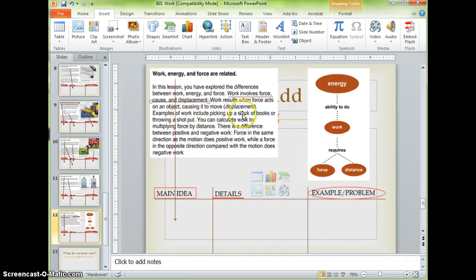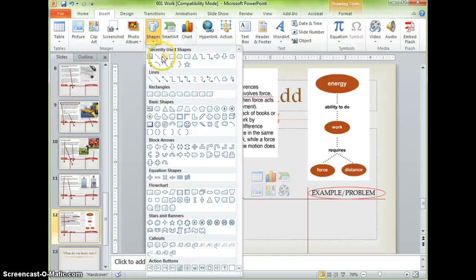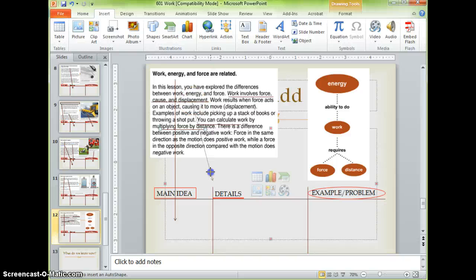Examples include picking up stacks of books, throwing a shot put. You can calculate work. Here's another detail. You can calculate work by multiplying force times distance. Okay? You can calculate work. Those are details that you can put down here. And then you can put some examples down here.